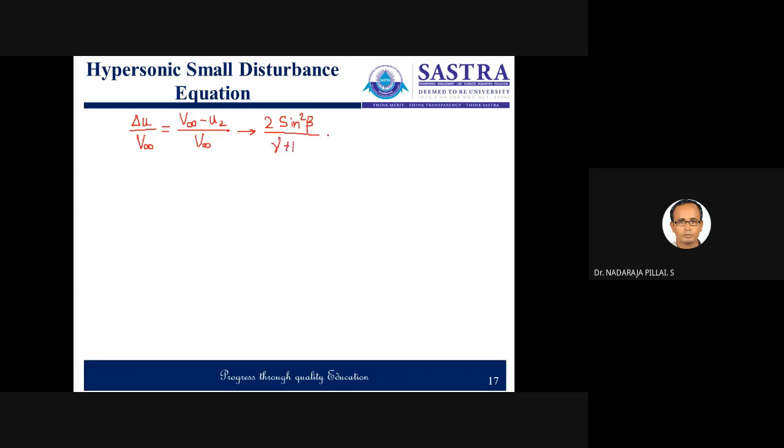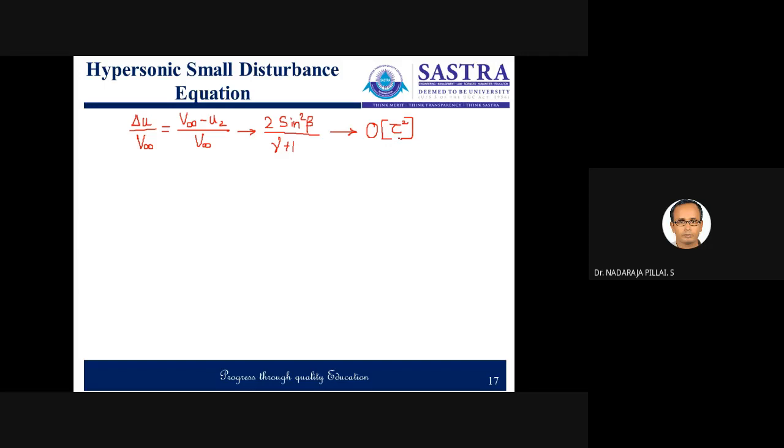You can simplify that. So this we can write in terms of the order of tau square, del u by v infinity.